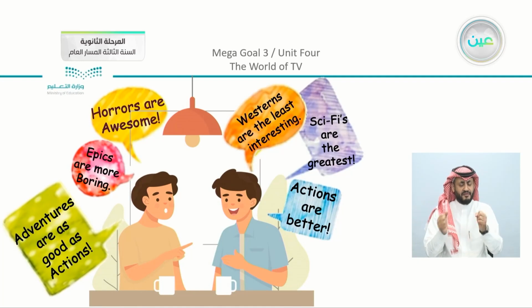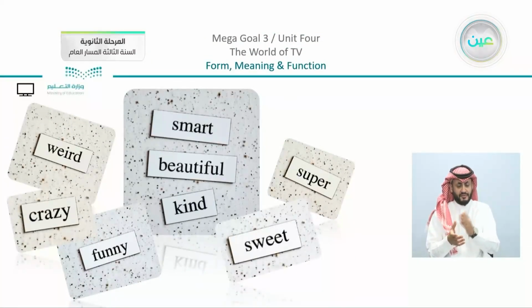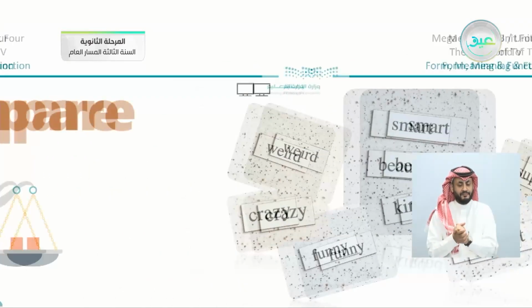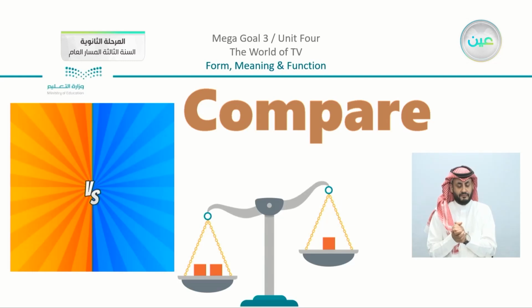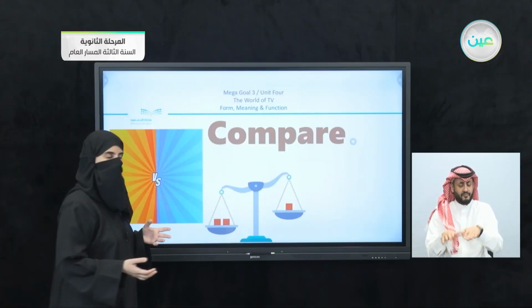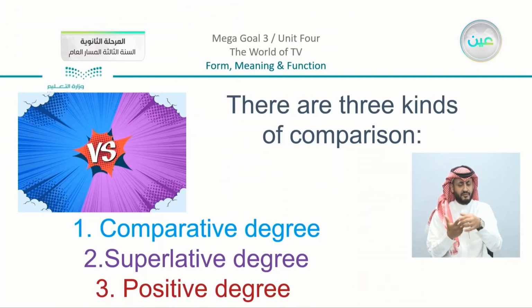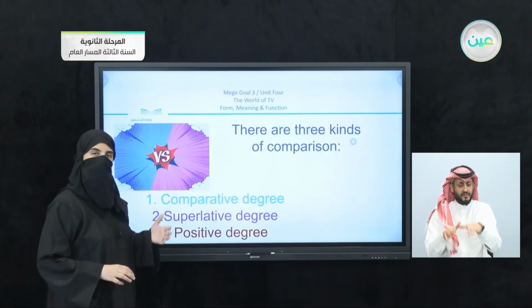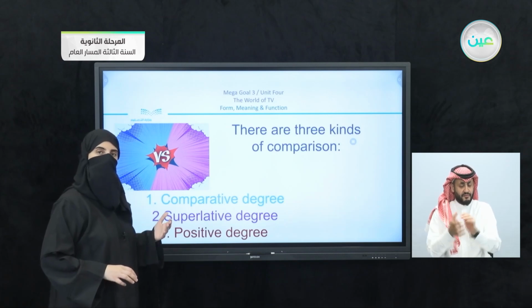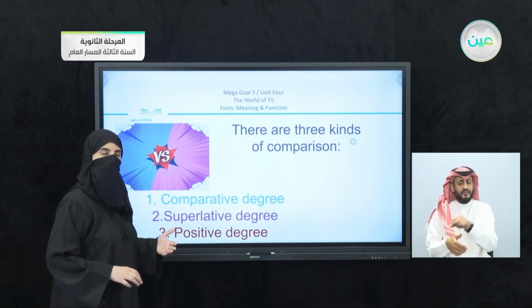If you remember the conversation that we had between the two boys, we did mention something about adjectives and what is the meaning of adjectives. We had the idea of comparing in our lesson, and we did mention that there are three kinds of comparison. We have the comparative degree, the superlative degree, and also the positive degree.